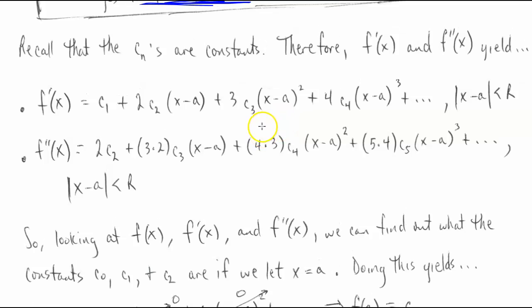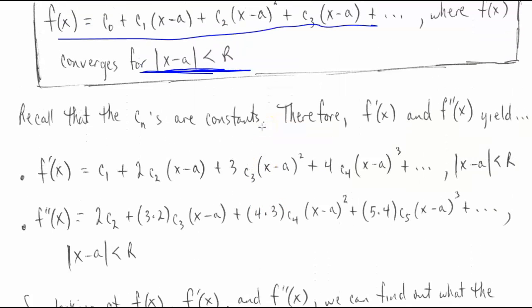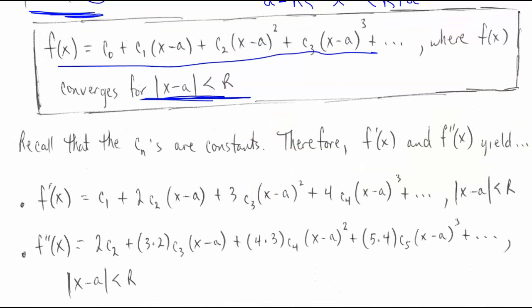The main thing I want you to see is that if I let x equal a and plug that in for x here, then every term except for this one would go to 0. For the first derivative, if I plugged in a, every term except for this one would go to 0. And for the second derivative, every term except for the first one would go to 0.